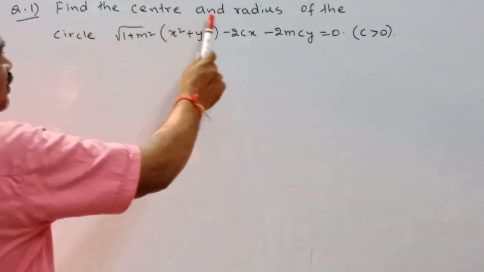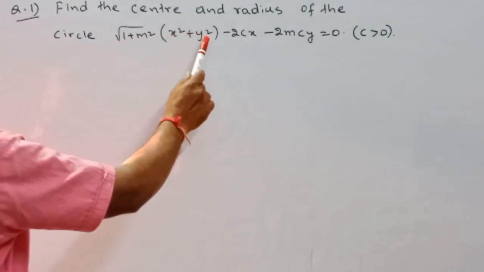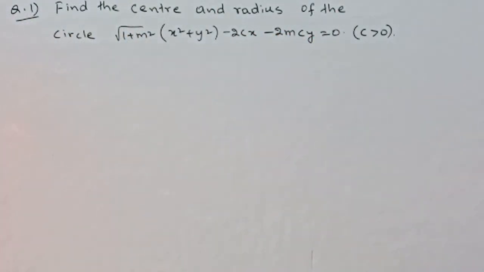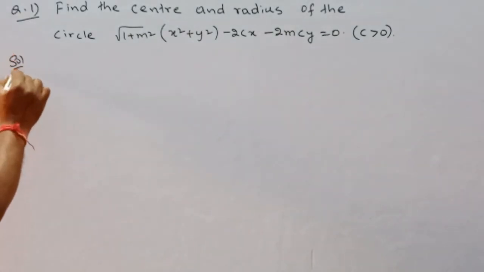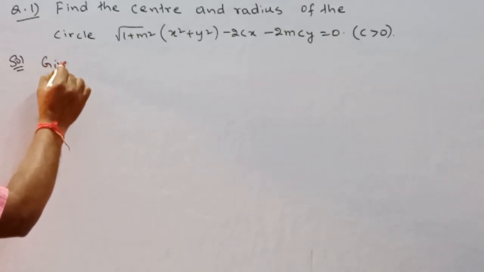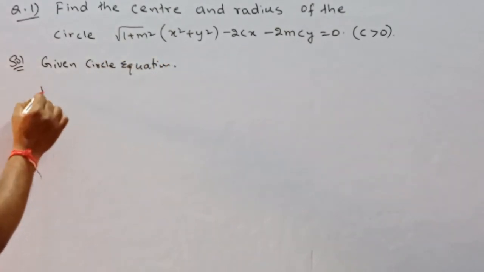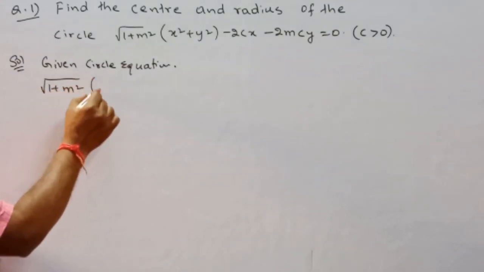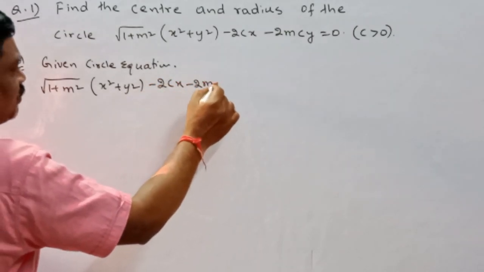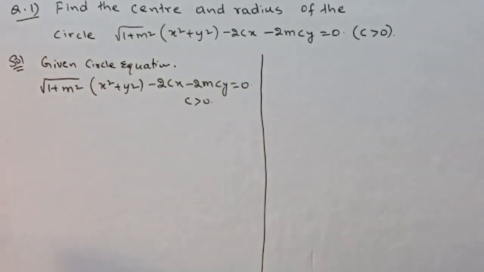Find the center and radius of the circle root over 1 plus m square of x square plus y square minus 2cx minus 2mcy equal to 0, where c is greater than 0. Here the circle equation is given.